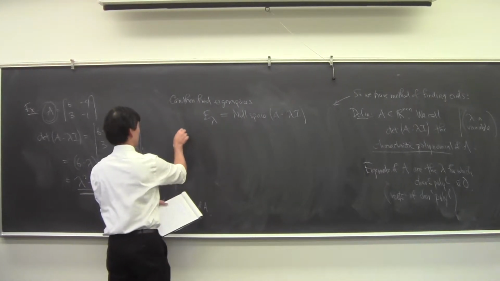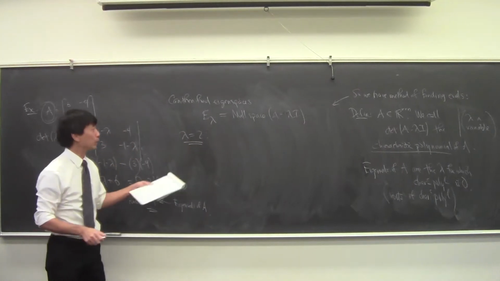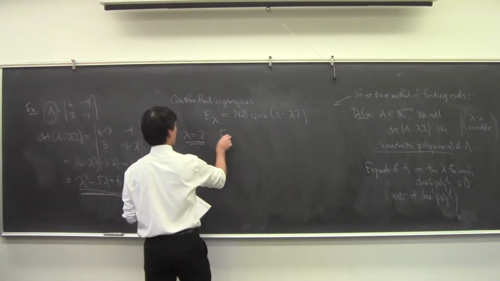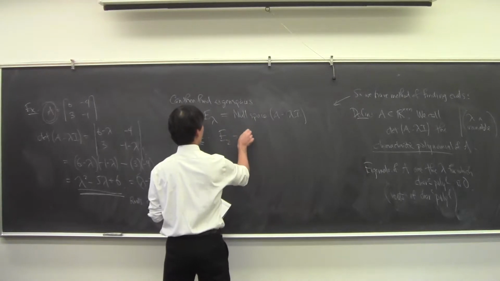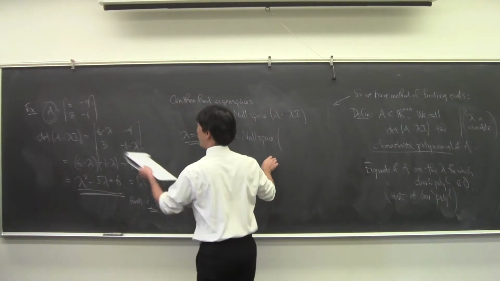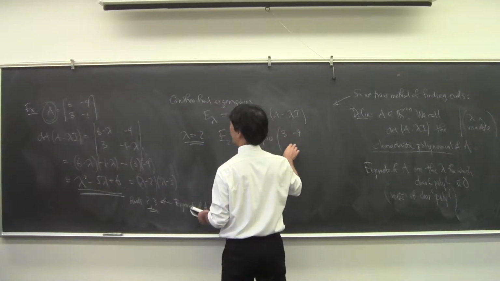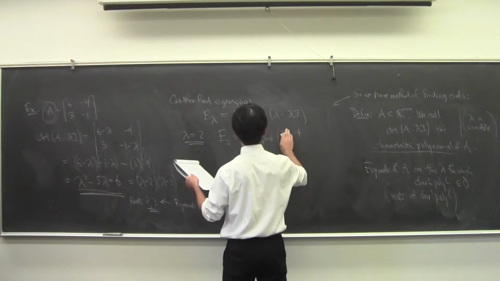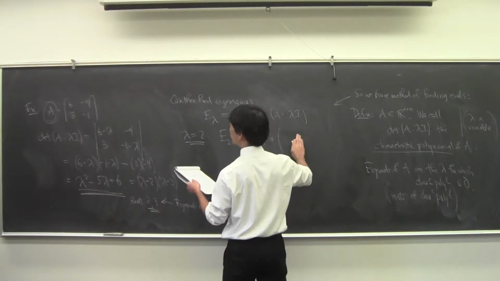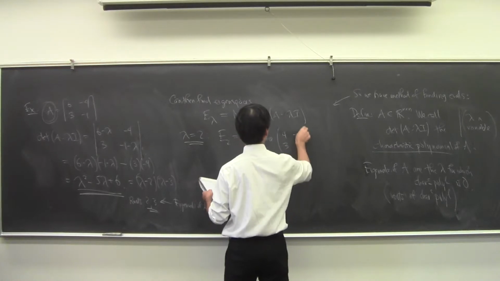So we just need to take the cases. When lambda equals 2, E sub 2 is going to be the null space of A minus 2I. So that's going to be 4, -4, 3, -3.